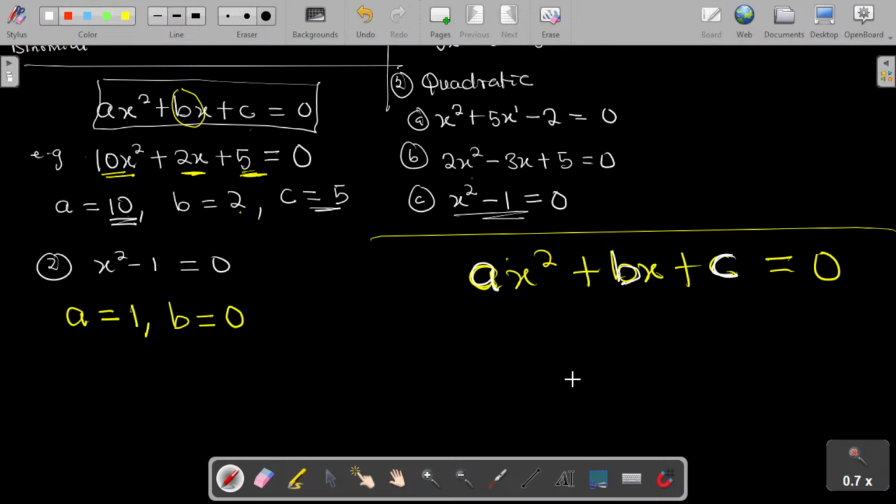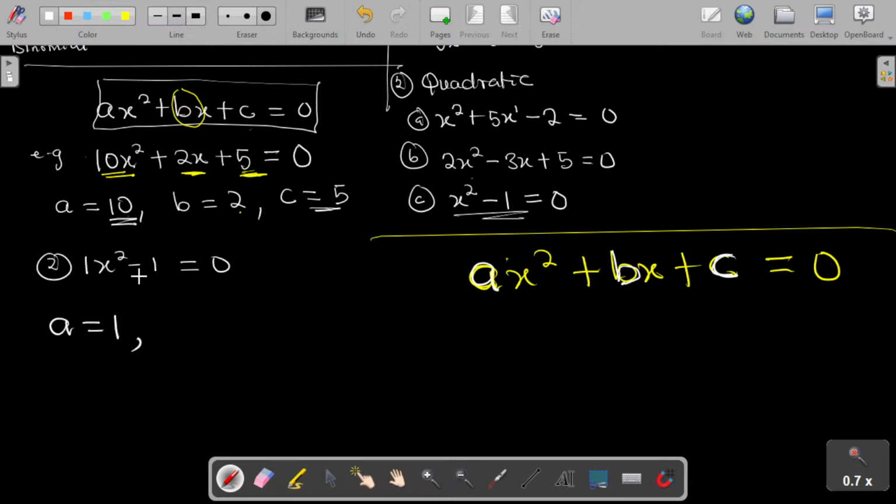Okay, so now if you come down to this example 2, let's go back there again. You can clearly see that your x squared has only 1 as the coefficient because there is nothing standing with it, so it's just multiplied with 1. So your a there is 1.